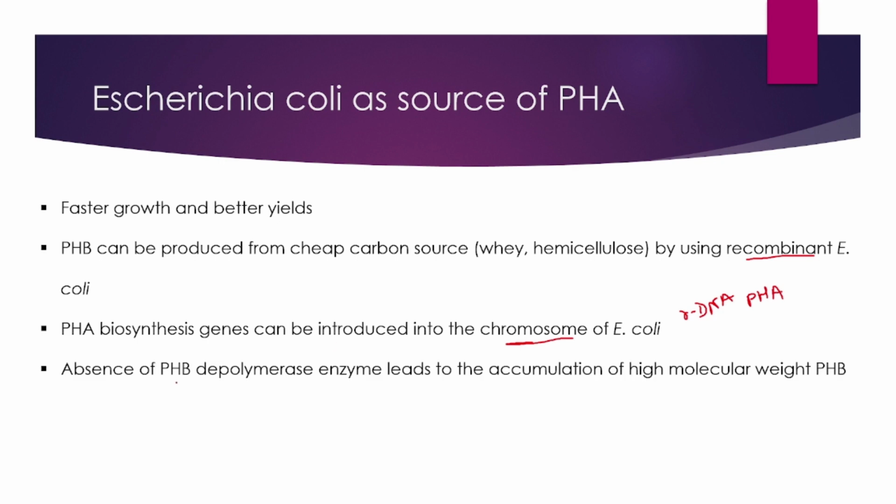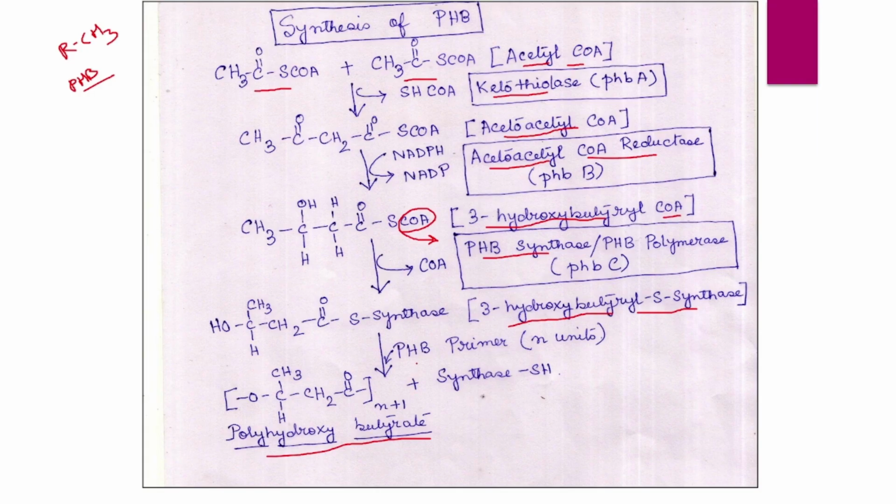Absence of PHB depolymerase enzyme leads to the accumulation of high amounts of polyhydroxybutyrate. So this is also very important. PHB depolymerase enzyme is present in E. coli, which actually depolymerizes the polymer that is formed. In the previous slide I showed you the synthetic pathway, where a number of PHB primers are added to form the final product polyhydroxybutyrate.